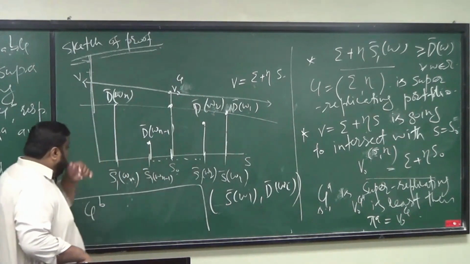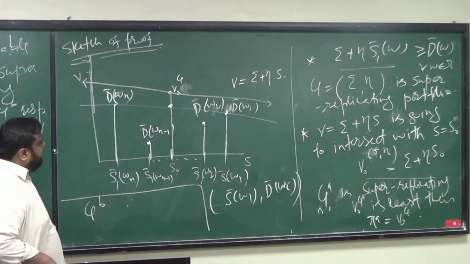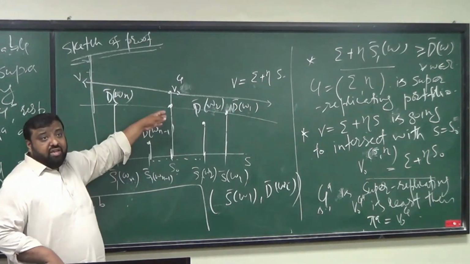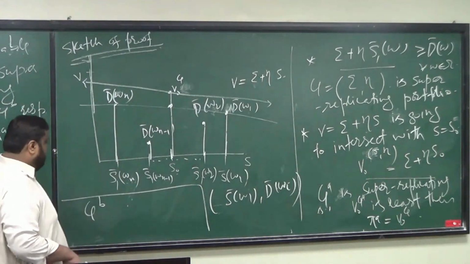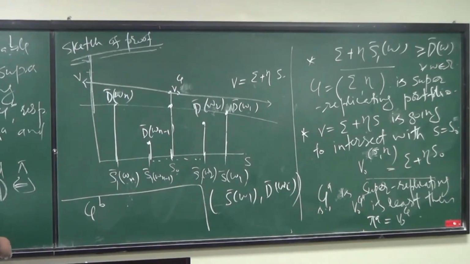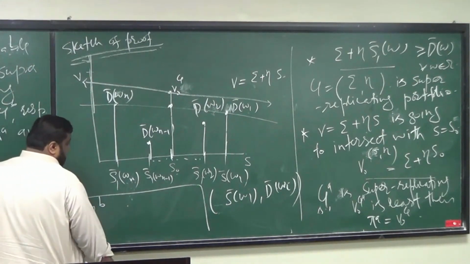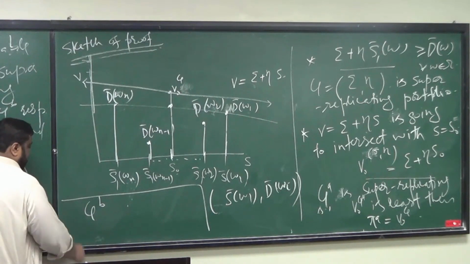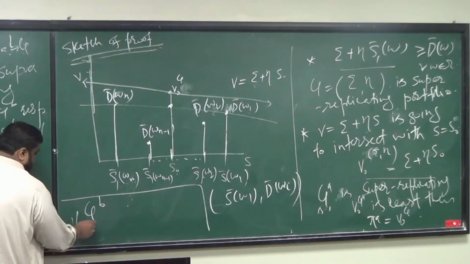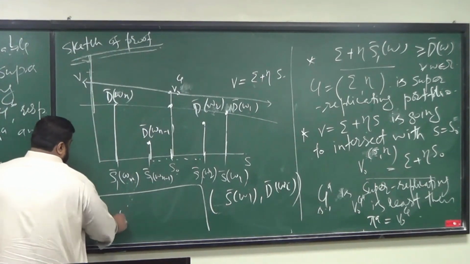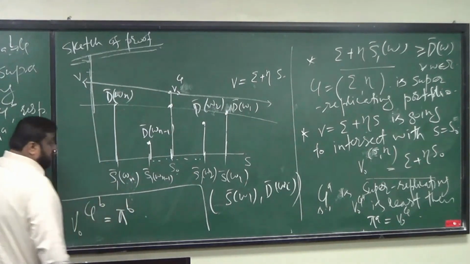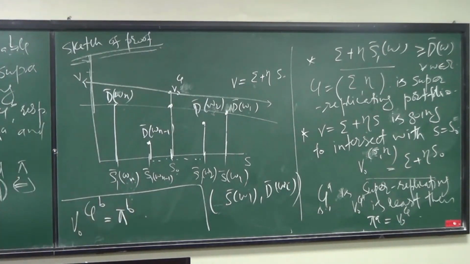Okay? And wherever it hits, this V naught of phi is going to be the fixed value. Okay? And that is going to be what you call the bid price. So phi b is a sub-replicating portfolio such that at time 0, this is going to give me the bid price.